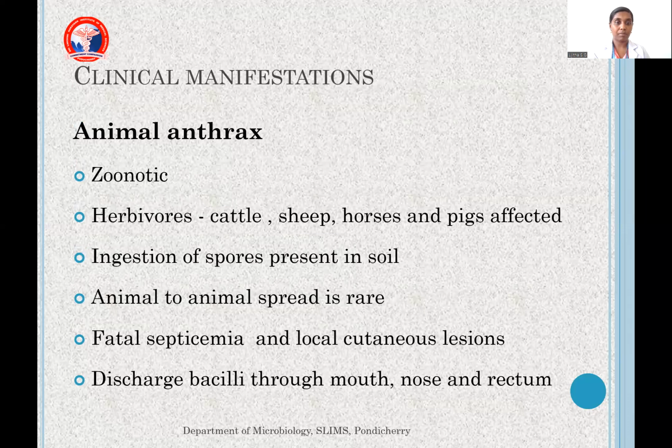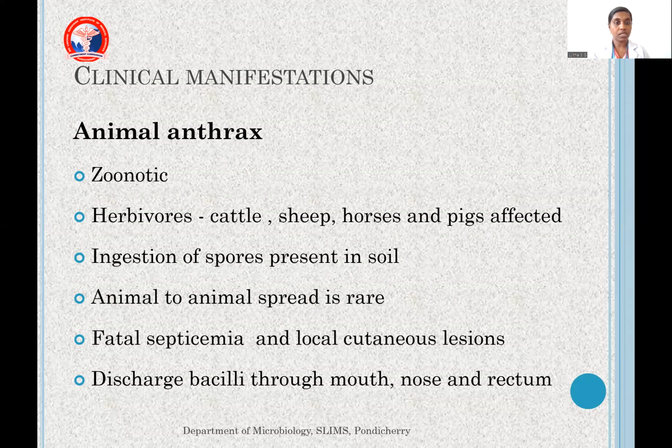Now coming to the clinical manifestations. Because it is a zoonotic disease, the primary infection occurs in animals. Animal anthrax occurs more commonly in herbivores compared to carnivores. This occurs because of the ingestion of spores present in the soil. When the animal ingests the spores, they get the disease. Spread from one animal to another animal is rare.